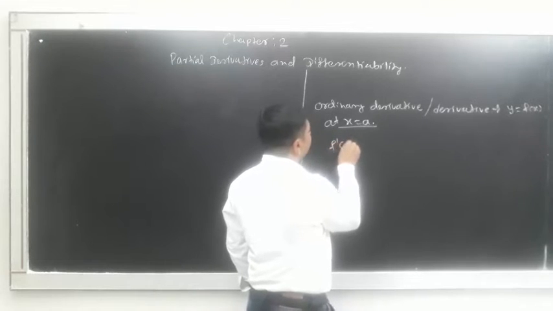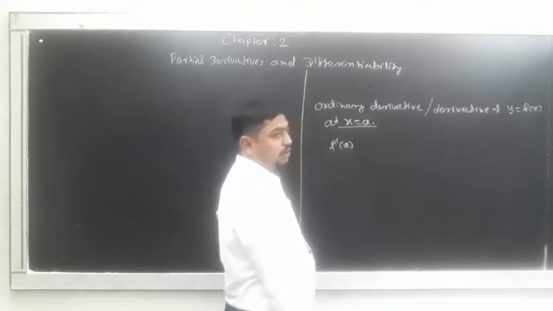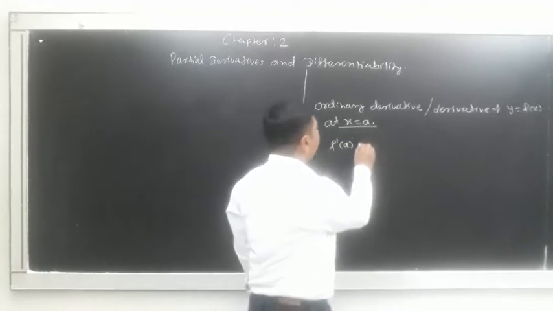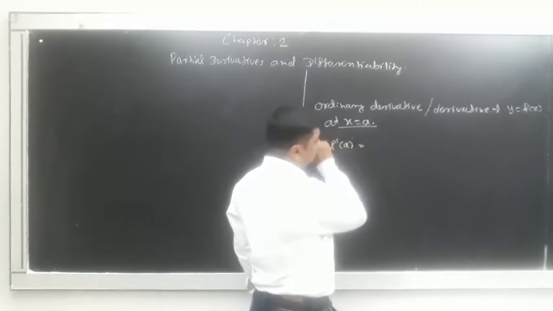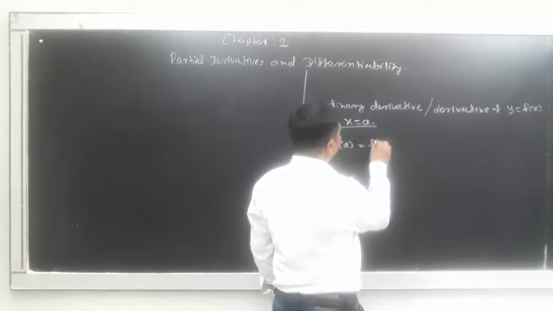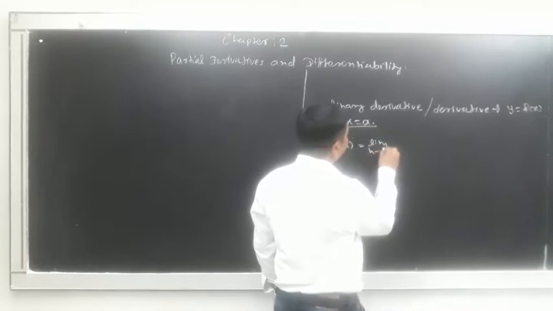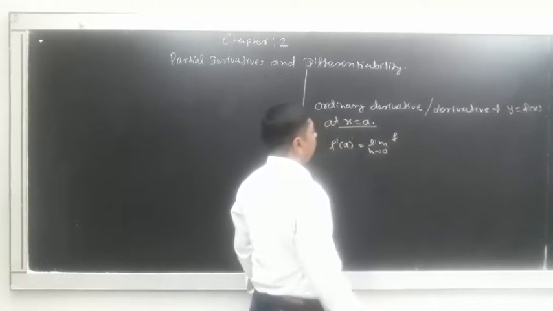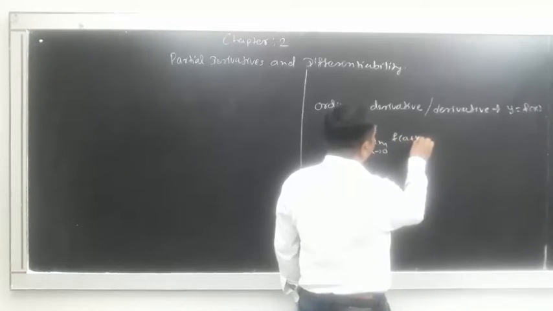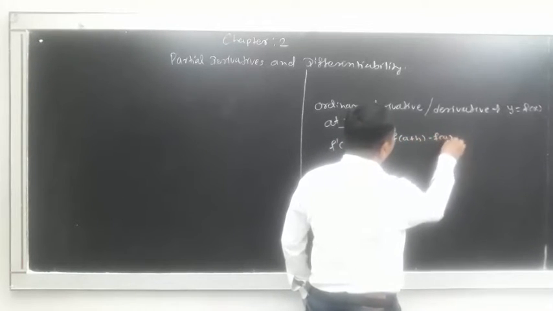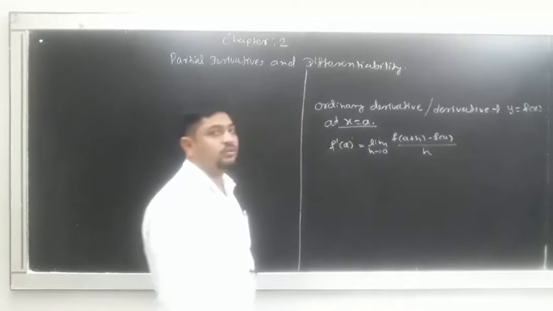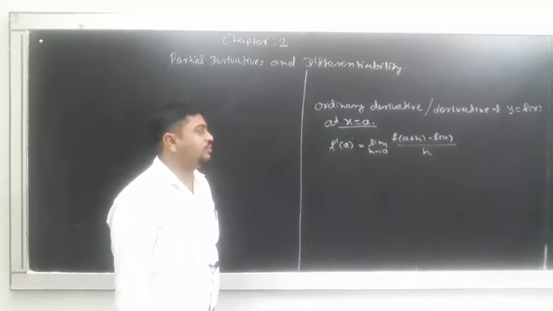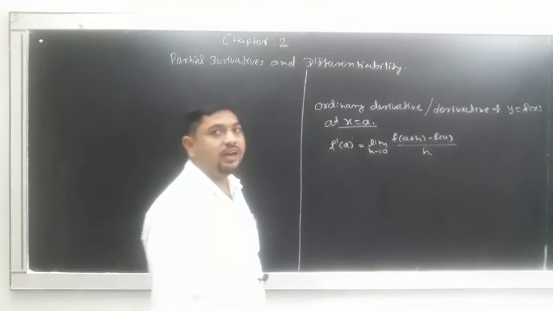f dash of a is equal to limit h tends to 0 of f of a plus h minus f of a upon h.